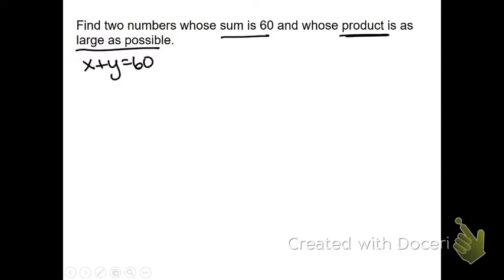Product is a maximum. So I need to write an equation for the product, and then I need to maximize it. It's kind of weird though, because product would be X times Y, but I need to give it a name. I need to have an equation here. So I'm just going to call it the product is XY. And it's the product that I'm trying to maximize. Okay?